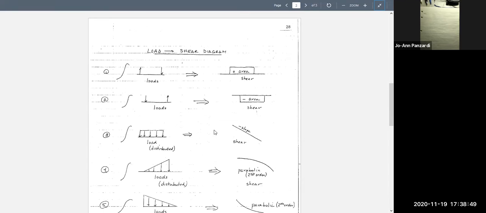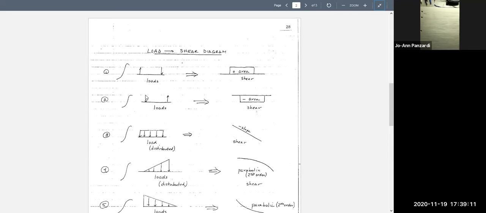Okay. We haven't looked at distributed loads yet, but let's just take a look at this. A distributed load on a beam going down, it's a negative, so it's going to give you a negative slope. Does that make sense?